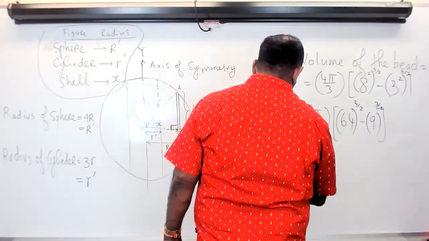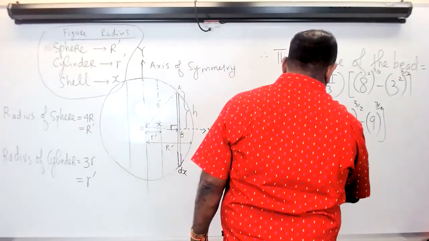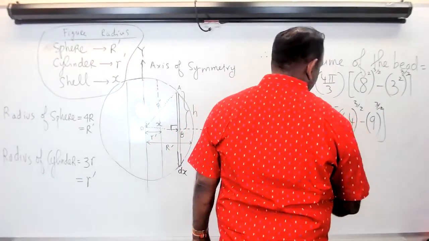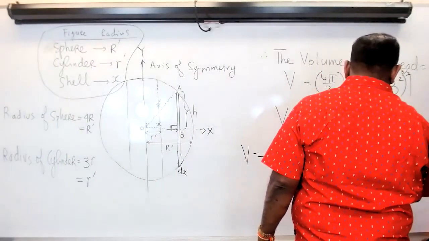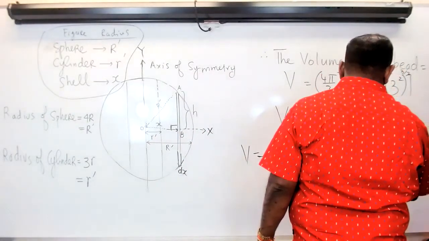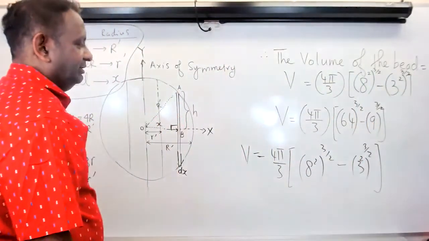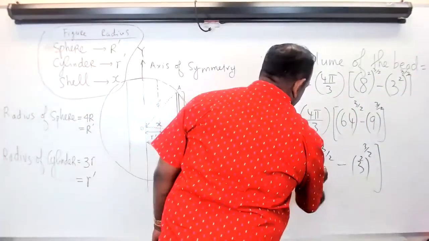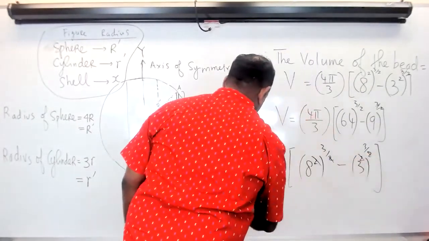So 4 pi over 3, 3/2 means here 8 to the power 3/2 minus 3 to the power 3/2, okay? 9 you can rewrite like a 3/2. 64 is when this 2 and this 2 get cancelled.